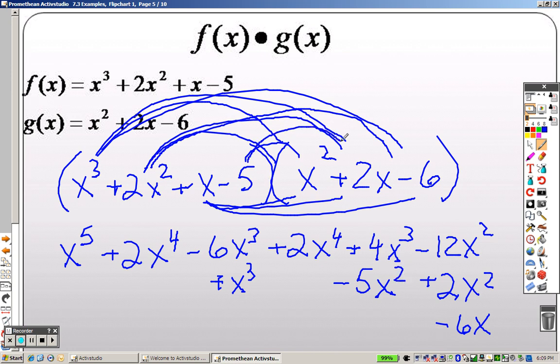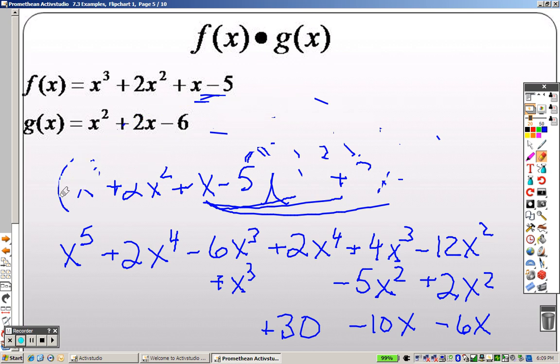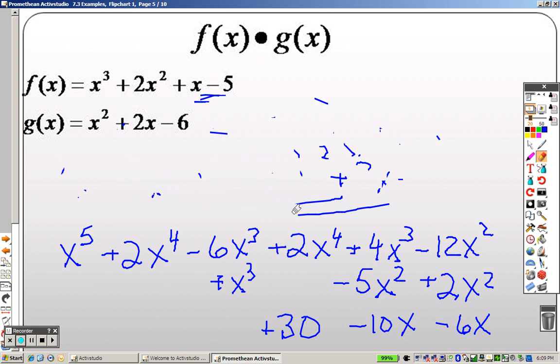Negative 5 times 2x is negative 10x. Negative 5 times negative 6 is a positive 30. So all I really basically need to do with all this junk after I distributed everything and went through is combine all my like terms. That's all that's left for me to do in this problem. It's the worst part about it, but it's what you need to do.